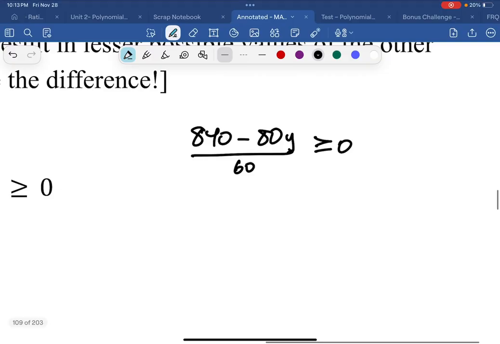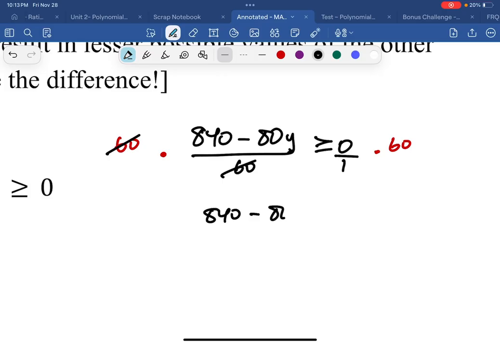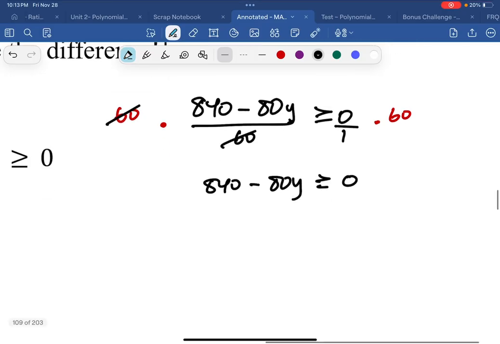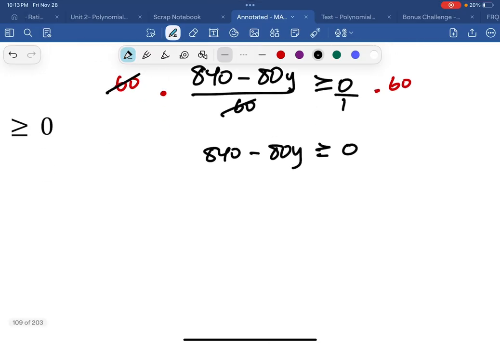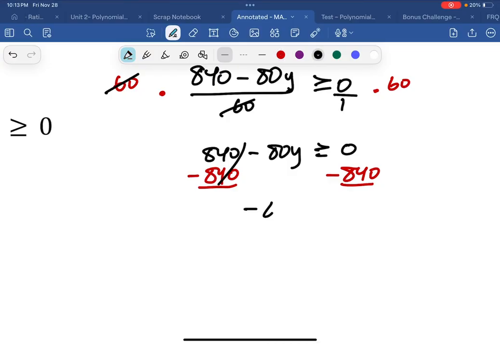I'd cross multiply, because 0 I could think of as 0 over 1, so I could multiply both sides by 60. $840 minus 80y greater than or equal to 0. Then I would subtract off the 840. I get negative 80y greater than or equal to negative 840. And then I would divide out the negative 80.